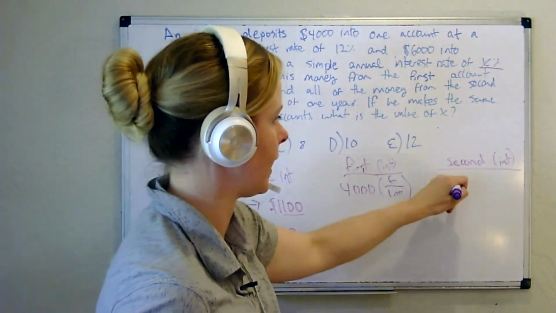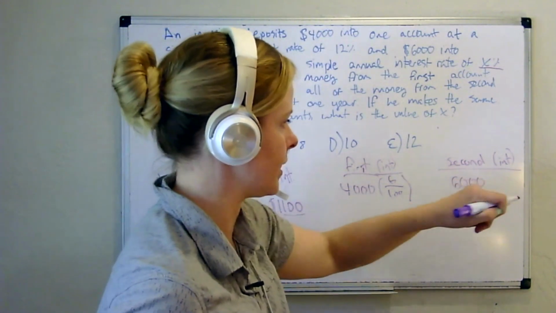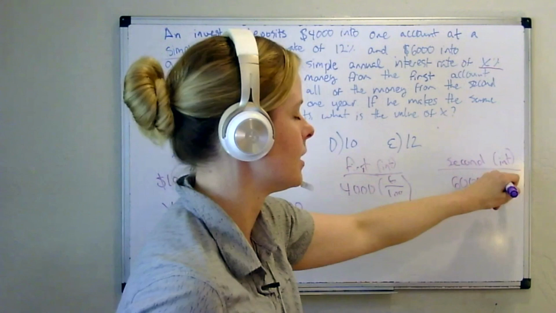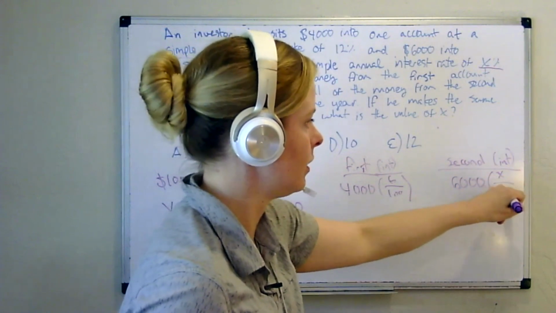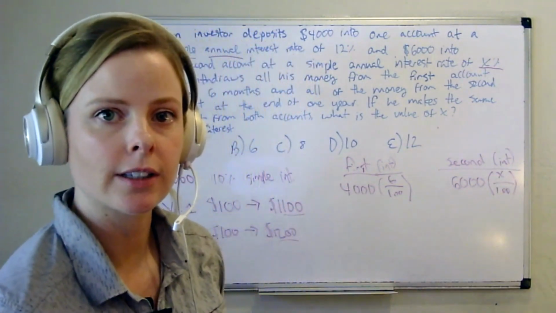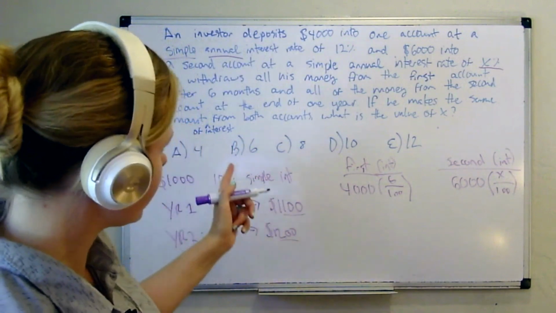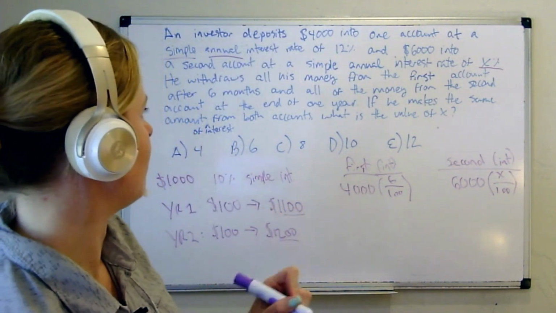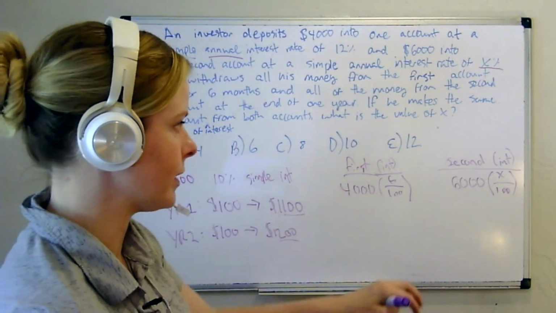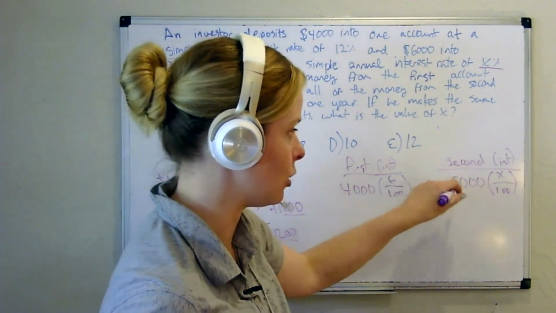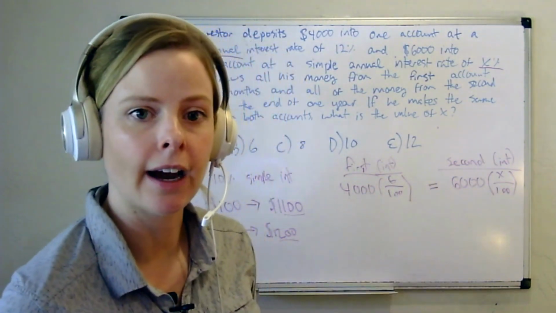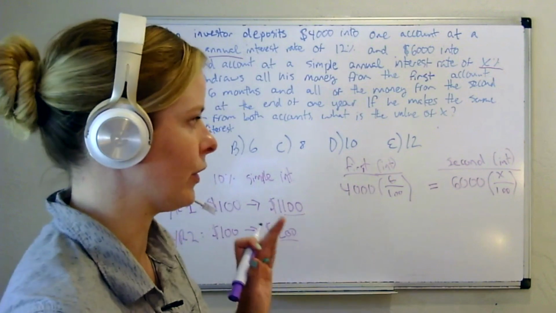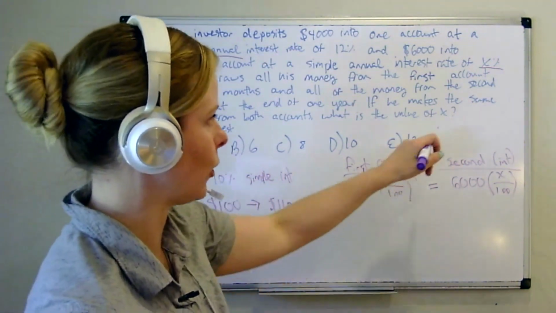But we can just write it as he's put his $6,000 in there, and then he earns some percent of that $6,000 as interest. The end of this question tells us that he makes the same amount of interest from both accounts. In other words, my interest from my first account is equal to my interest from my second account. Gives us a nice, simple, beautiful equation, just one variable to solve for, and that is going to be our answer.